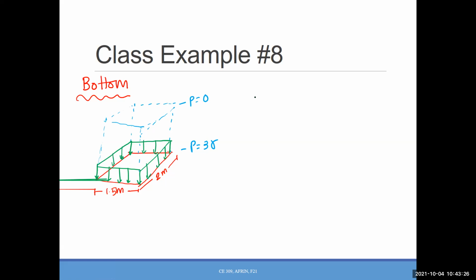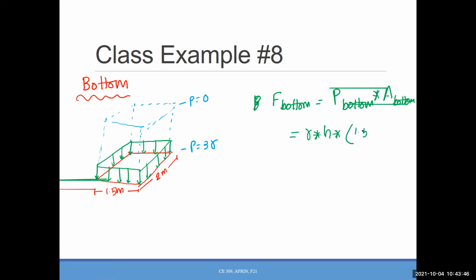So the force equals the P average multiplied with the area, right? P average is gamma times H, and the area is 1.5 times 2.